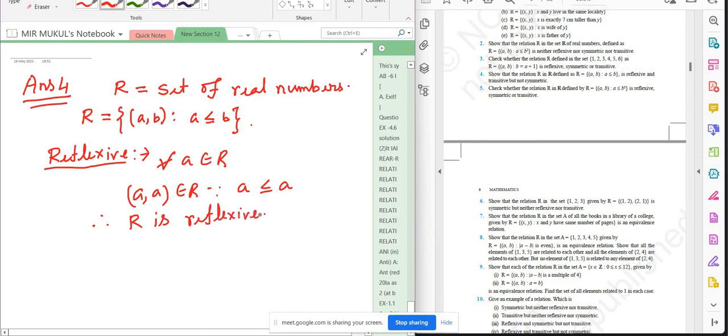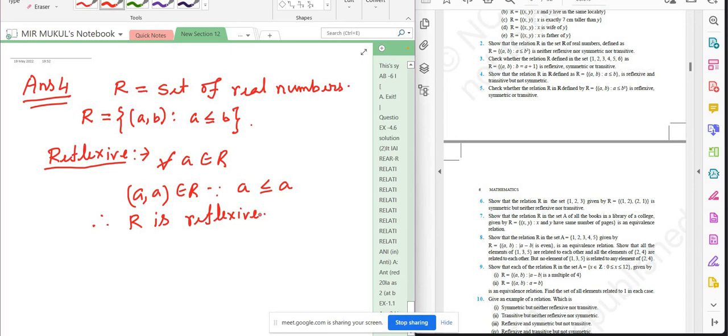Here note one point: you will not give just one example, like 1 belongs to R because 1 is less than or equal to 1, or 2 because 2 is less than or equal to 2. Then your answer will not be correct.